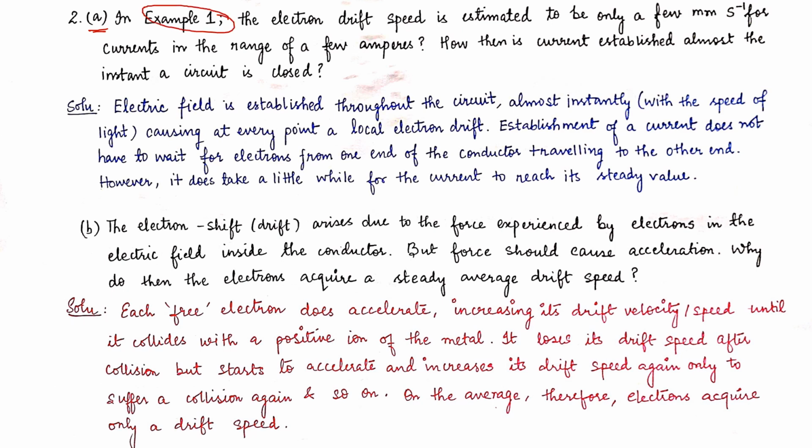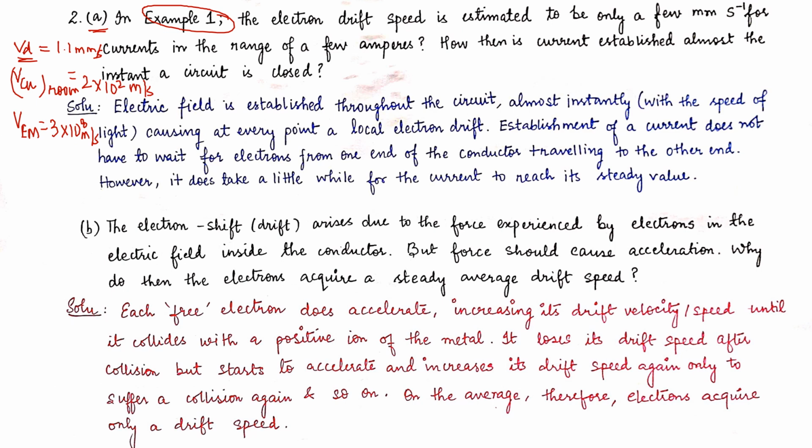In example number 1, we saw the drift velocity, which we got as 1.1 millimeter per second. Then we compared this drift speed with the speed of copper atoms at room temperature, which was 2 into 10 to the power 2 meter per second, and then the same Vd was compared with the velocity of EM waves, which is the speed of light, that is 3 into 10 to the power 8 meter per second.